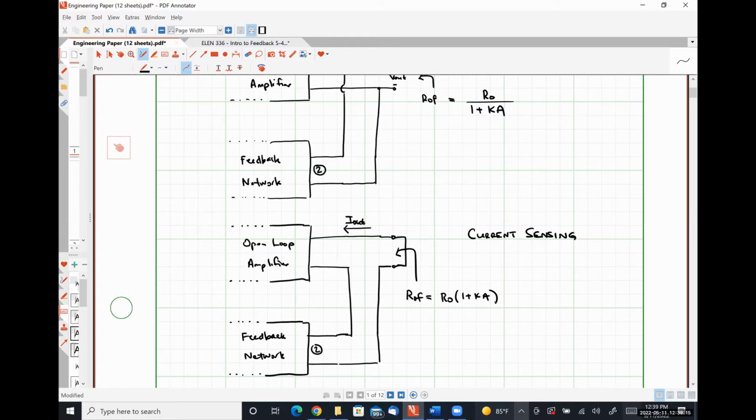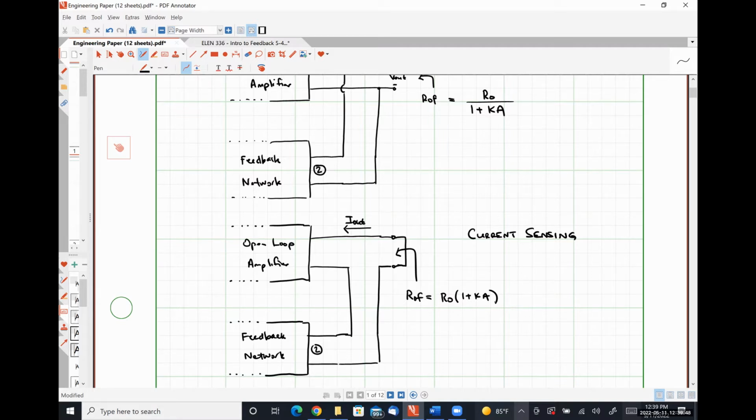And in doing so, our parallel configuration tends to decrease our output resistance of the system, and our series configuration tends to increase the output resistance of our configuration. And the amount of change in the output resistance is related to the amount of feedback that is applied. Okay. So we either boost it in a series connection or attenuate it in a parallel connection.